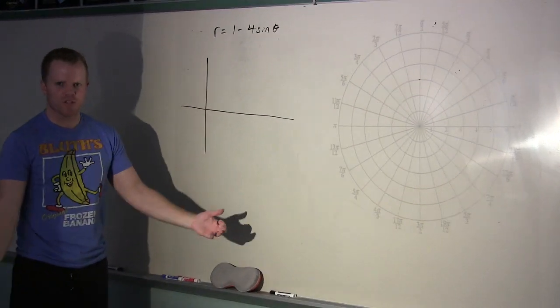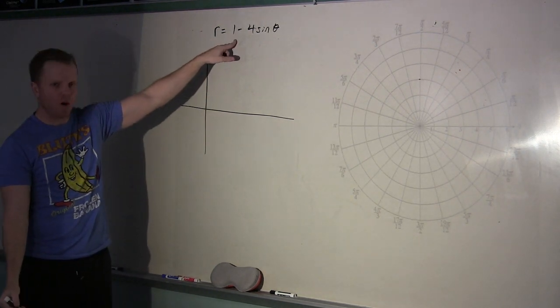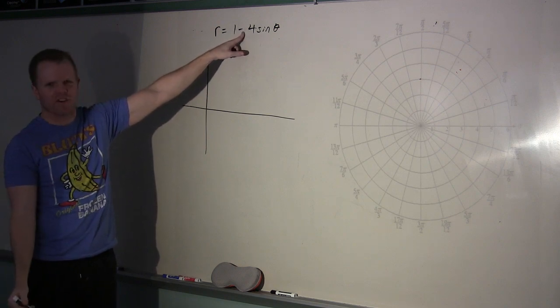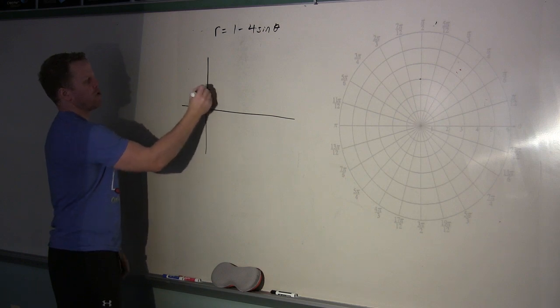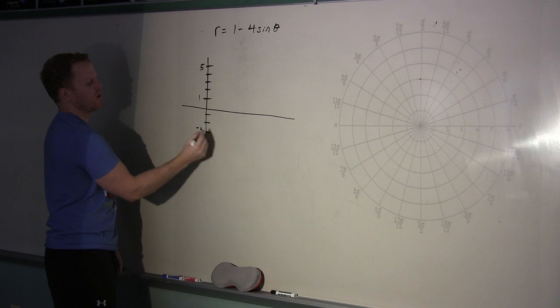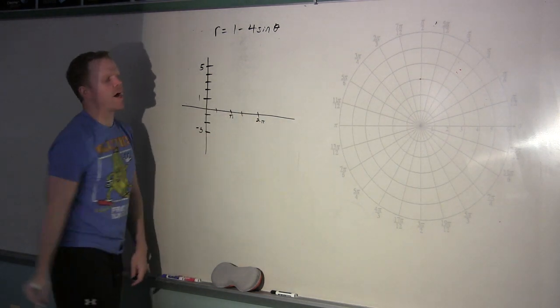It's tedious, it's slow, it's terrible. This is just a sine function shifted up 1, stretched by a factor of 4, and then we've also got this annoying negative, so we also got flipped over. So midline at 1, amplitude 4: 1, 2, 3, 4 higher, and 1, 2, 3, 4 lower. Standard period of 2 pi.